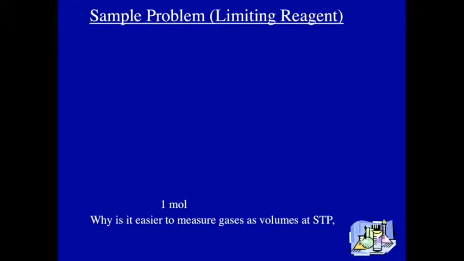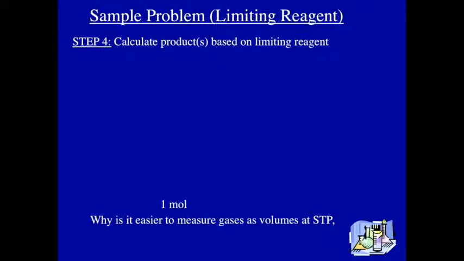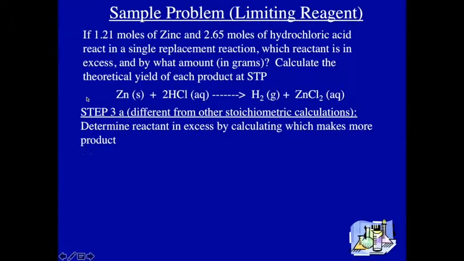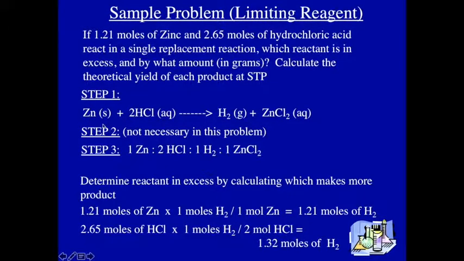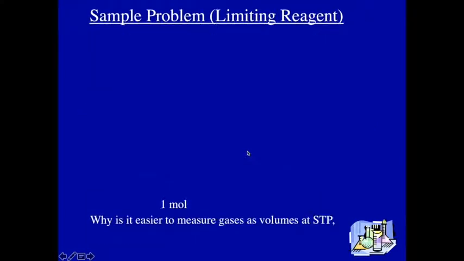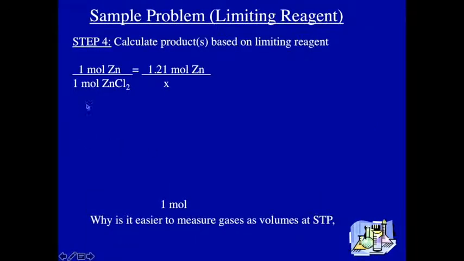So from there, I would calculate, since zinc is my limiting reagent, I would do my mole ratio, which in my original formula back here was 1 zinc to 1 hydrogen gas to 1 zinc chloride. So I would compare zinc to zinc chloride, for example.